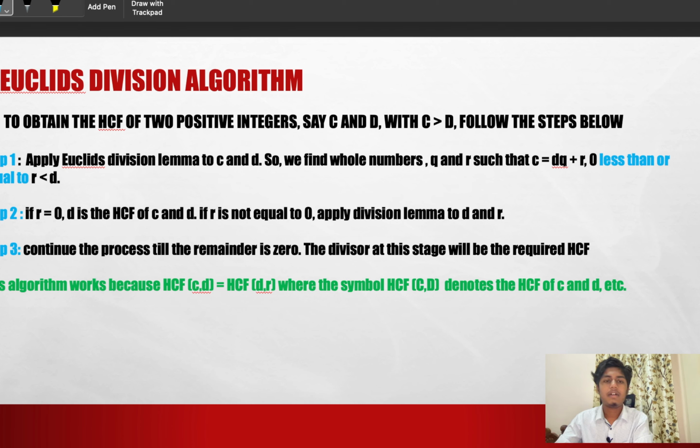So Euclid's division algorithm has many applications, but the main use is to obtain the HCF of two positive integers. These two positive integers are large numbers, because for small numbers we have a normal process of HCF. So for larger numbers we use Euclid's division algorithm, because solving those problems by the normal method is too long.